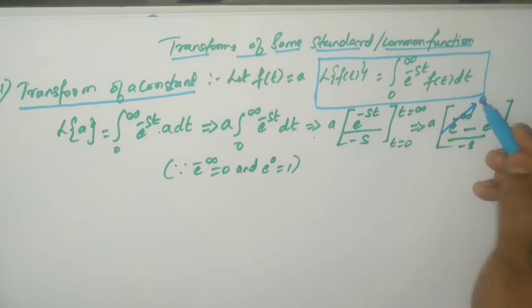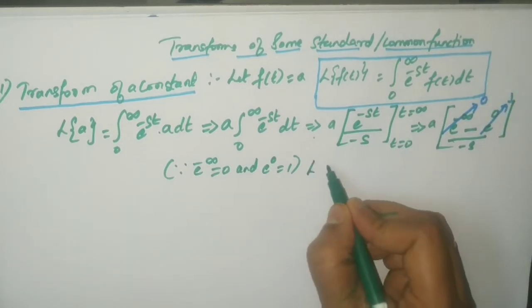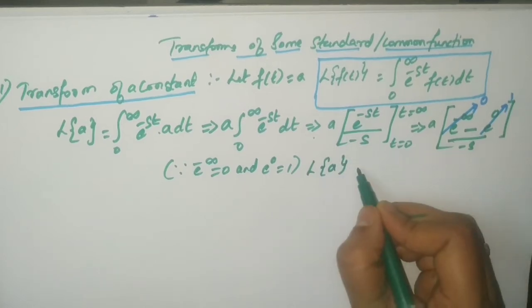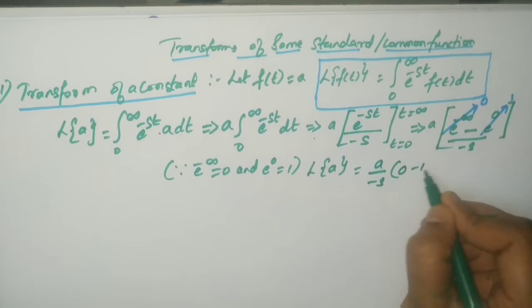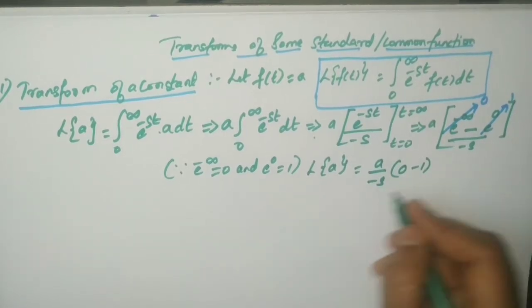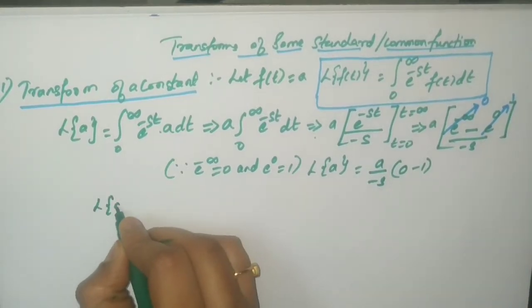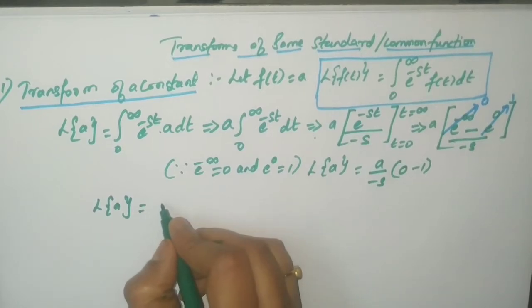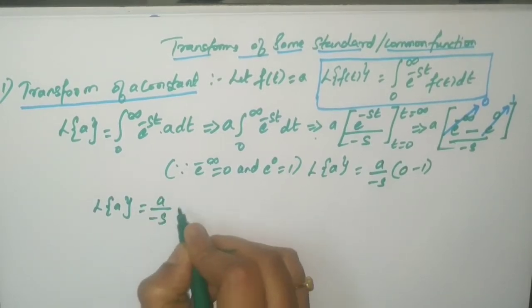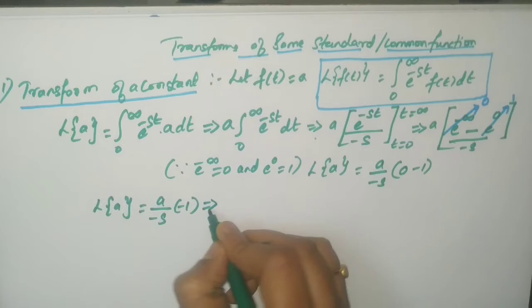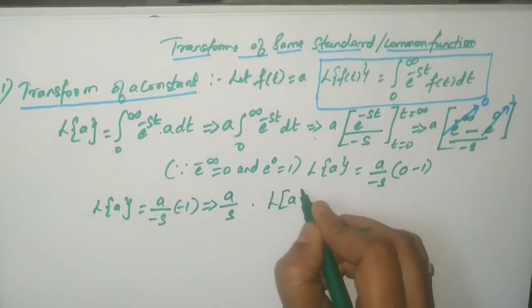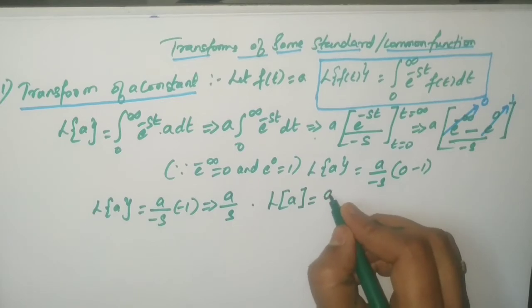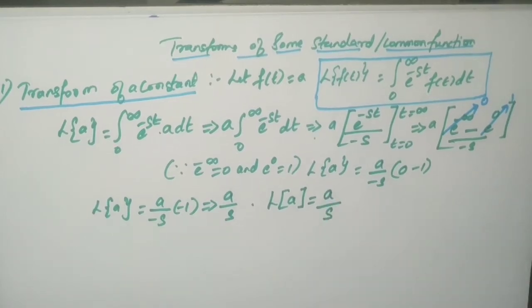So Laplace transform of a is equal to a by minus s into 0 minus 1. You can multiply this inside. So we get a by minus s into minus 1, which can be written as a by s. So you have to remember, whenever you have a transformation of a constant, the formula is constant by s.